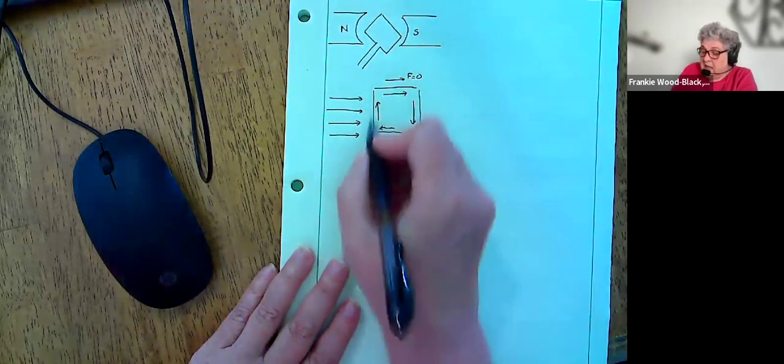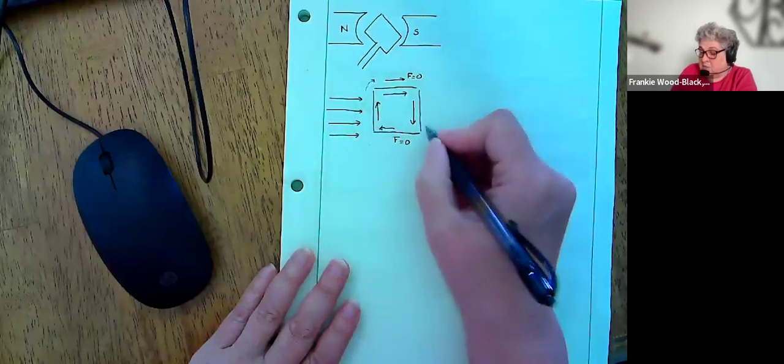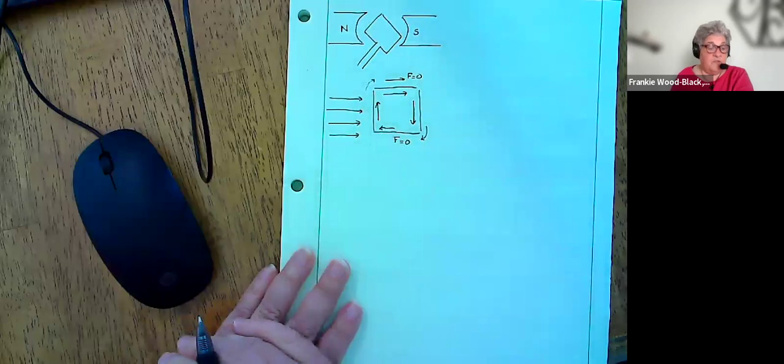But this one is going to have a force that wants to move it up, and this one is going to have a force that wants to move it down.